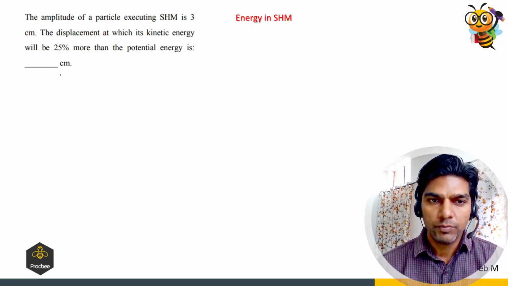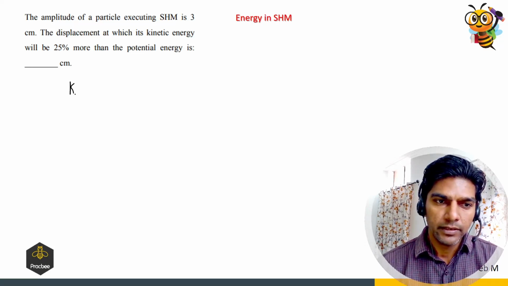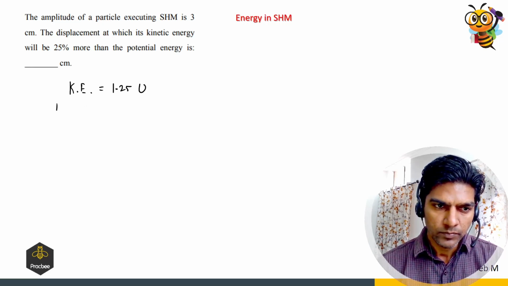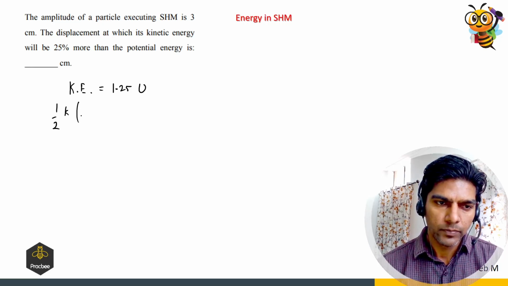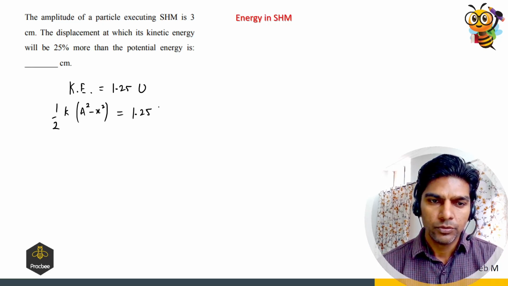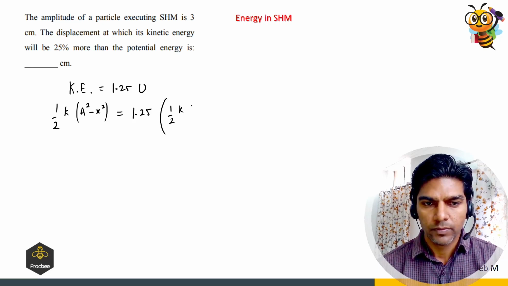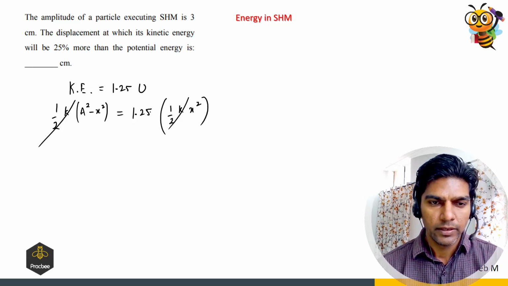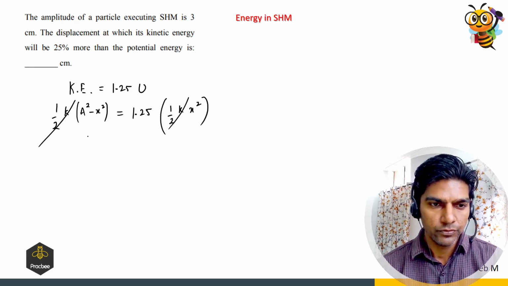So kinetic energy is half k (a square minus x square). It will be 1.25 times half k x square. So half k will get cancelled out and 1.25 can be written as 5 by 4. So 4a square minus 4x square is equal to 5x square.